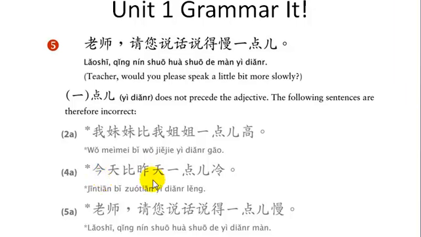Okay, here 今天比昨天一点儿冷. This is incorrect. We have to say 冷一点儿, a little colder. Today is a little colder than yesterday. 老师，请您说话说得一点儿慢. Okay, that's incorrect. This 一点儿 has to go after 慢一点儿. So the correct version would be 老师，请您说话说得慢一点。And that concludes this grammar lesson for Unit 1.